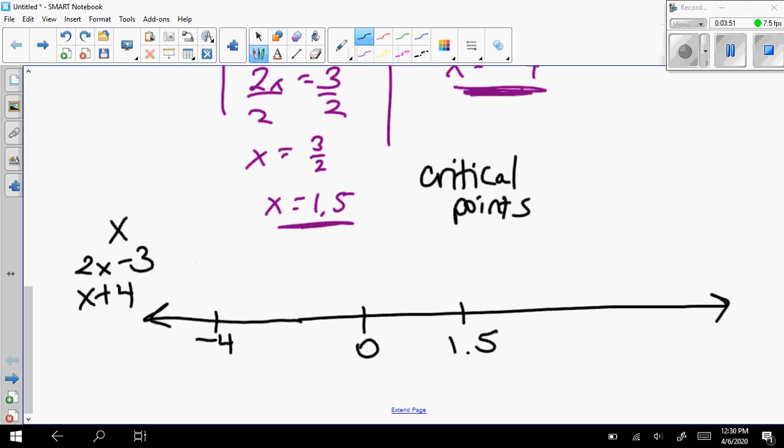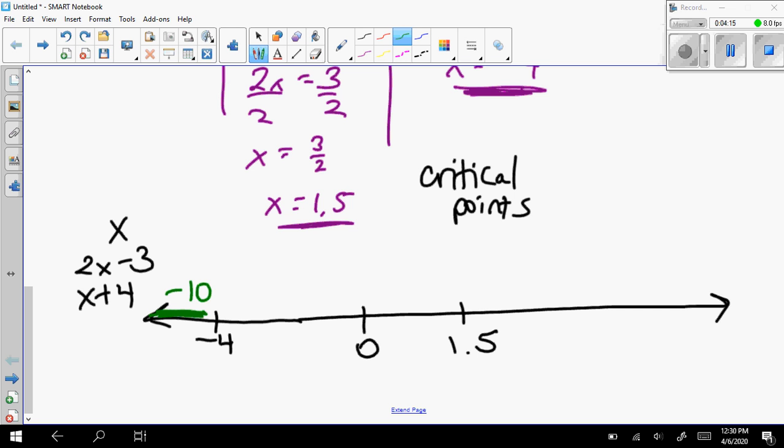Okay, so I'm going to pick numbers that belong to this number line. Basically I'm going to pick something in this region over here that's in green. Any number would work that's less than negative 4 or left of it. So I'm going to pick something easy to work with. I'm going to pick negative 10. You obviously could pick negative 5 if you want. You could pick negative 100 if you want, but something that belongs there. I'm going to use a negative 10.